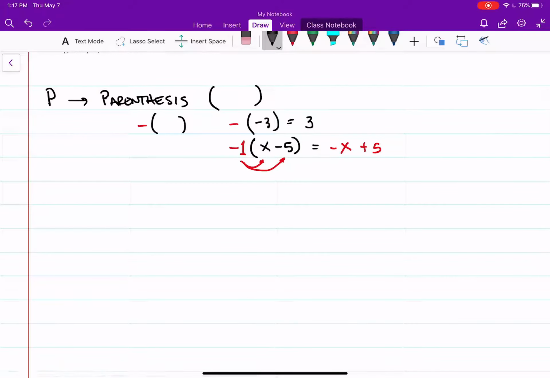Okay? So let's talk about exponents. E stands for exponents. And the other name I gave it was powers, right?